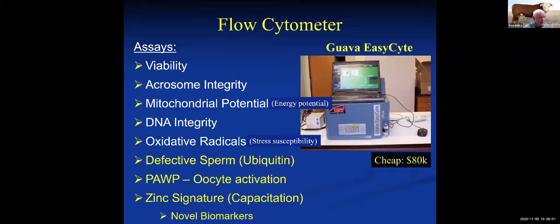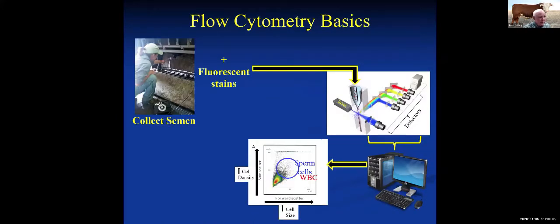I think all speakers would agree that we can't make a ton of progress with a pass-fail exam, so we need to come up with some better ways of measuring fertility. And so the flow cytometer is pretty valuable. The way this works is we have to collect a semen sample, mix it with different fluorescent stains for the different markers of interest.